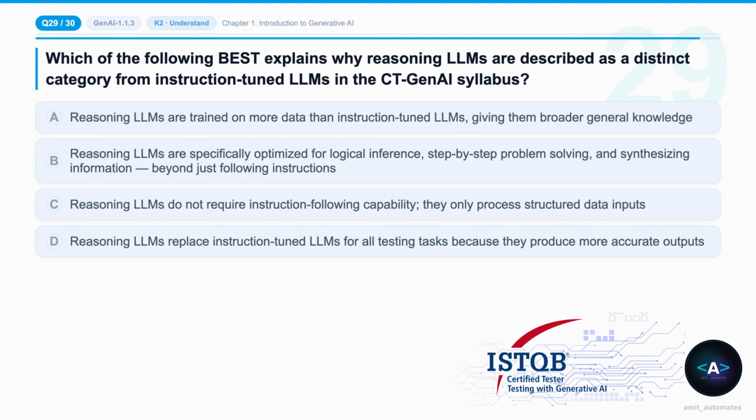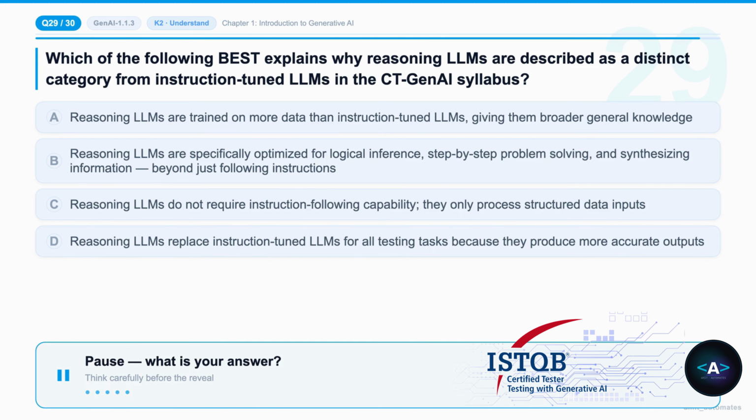C. Reasoning LLMs do not require instruction following capability, they only process structured data inputs. D. Reasoning LLMs replace instruction-tuned LLMs for all testing tasks because they produce more accurate outputs. Take a moment. What is your answer?